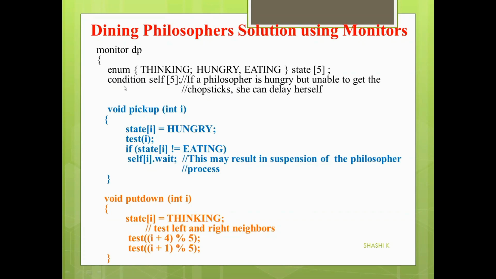And then we define a condition variable called self as an array because we have 5 chopsticks. The chopstick is the shared data, right? So to indicate the shared data, we define a condition variable.